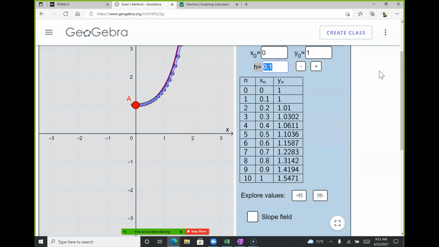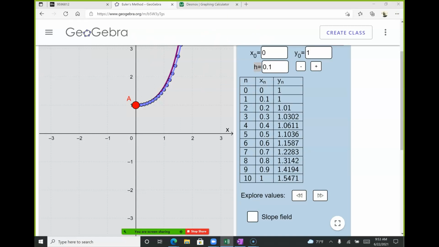It's building tangent lines along this curve, and that's what's estimating the solution. So it's the tangent lines from Calc 1: that is Euler's method. And Euler was after Newton, so Euler was using the calculus to figure out how to solve these systems and equations. Let me build one on Excel.